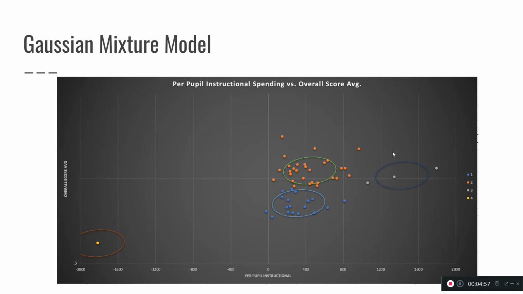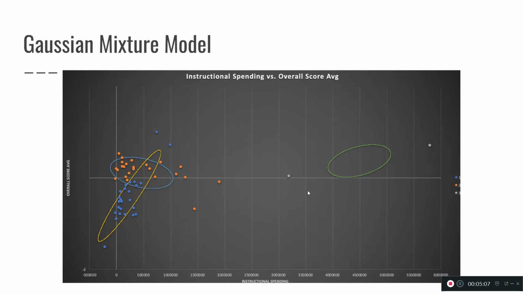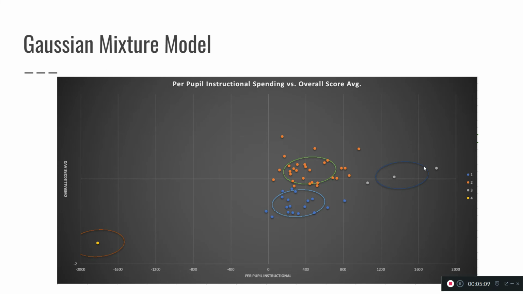And then here on per pupil instructional spending, this is where we see the biggest separation from that trend. As you can see, there are a few outliers, but they're actually not the same three, and they're more in a linear line.